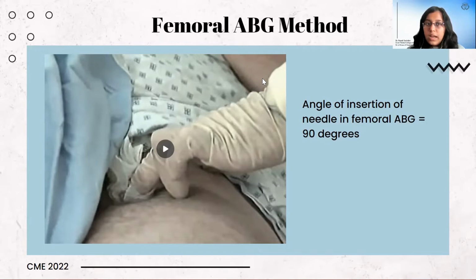Okay. Another tip that I got during my ICU posting and medicine was the hand position when you're doing a radial ABG. You can keep a bottle of NS below it, so your wrist is extended. It becomes much easier to feel the pulse and to take the collection, because the patients are lying on the bed with their hands like this, right?